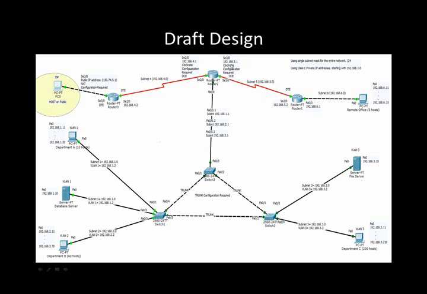We could configure a routing protocol like OSPF or EIGRP, or IS-IS, intermediate system, but we're just using the default IP route for the routers in order to be able to communicate with the networks that they are not directly connected to.